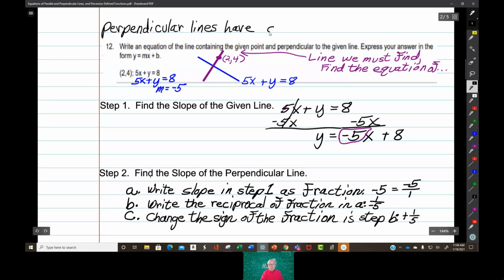Have what's called opposite, meaning opposite sign, reciprocal, slopes.